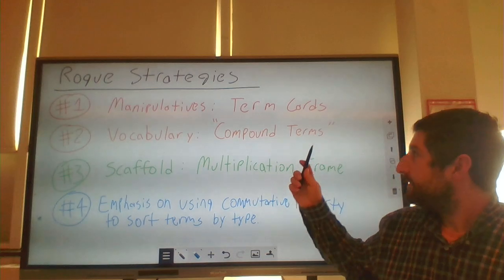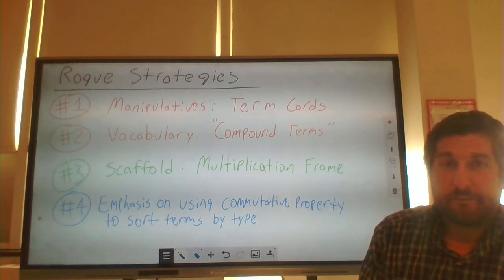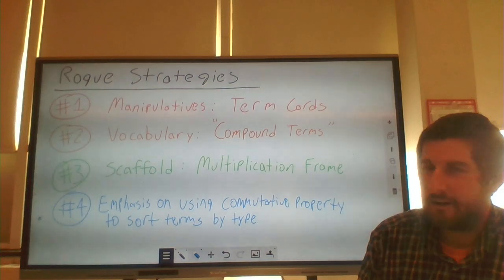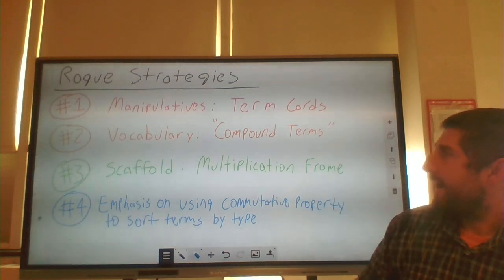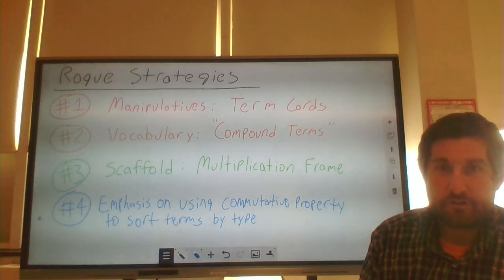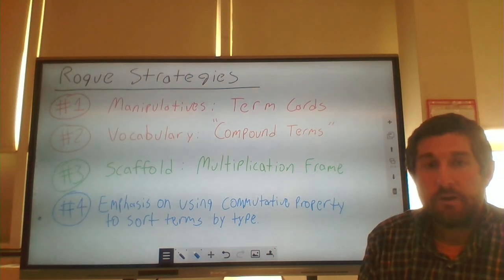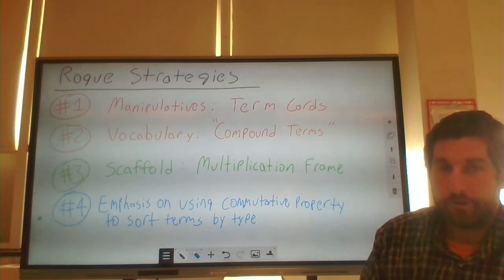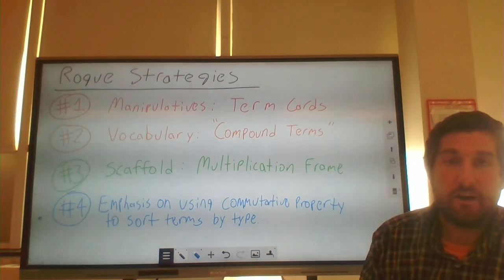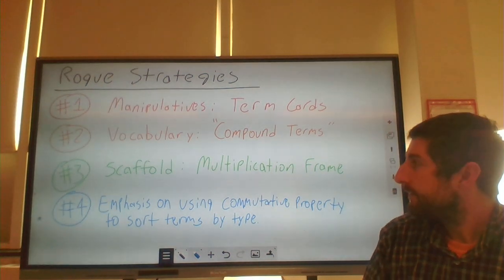Number 1 is a manipulative called term cards, and I'll show you what those are in a minute. Number 2, I introduce vocabulary that I don't see happen much: the idea of simple and compound terms. We'll talk about what those are and why it's important to me to refer to them as such.